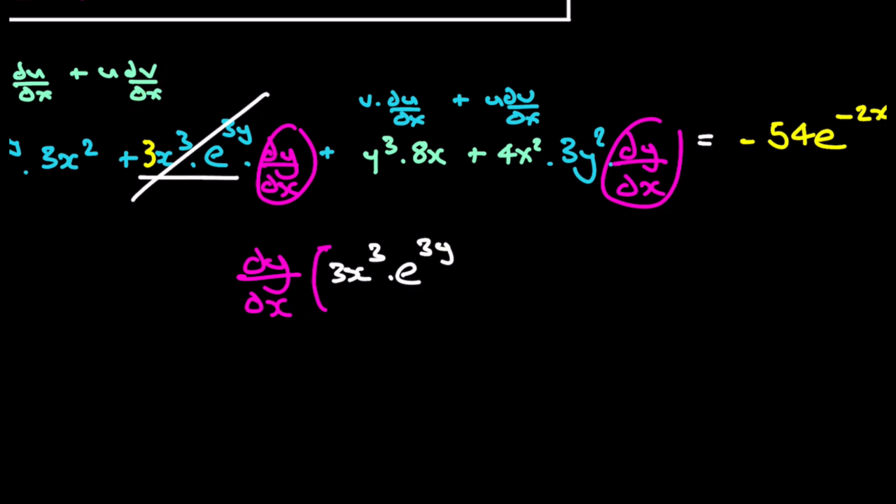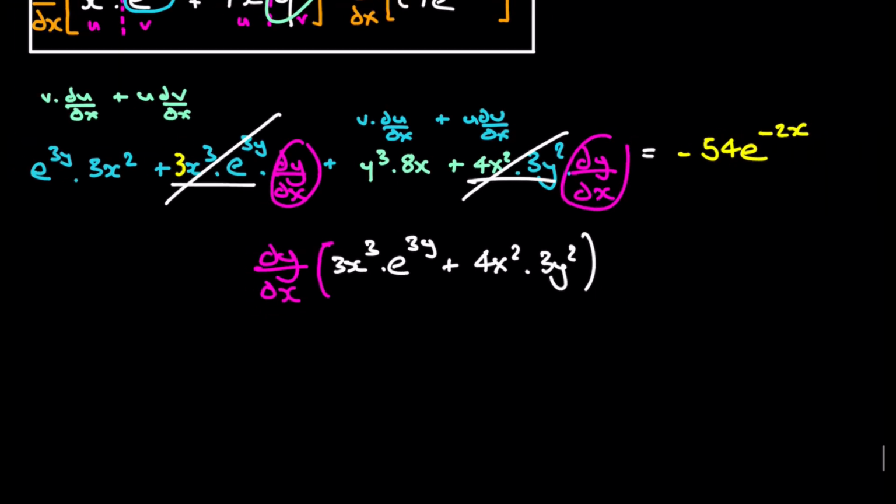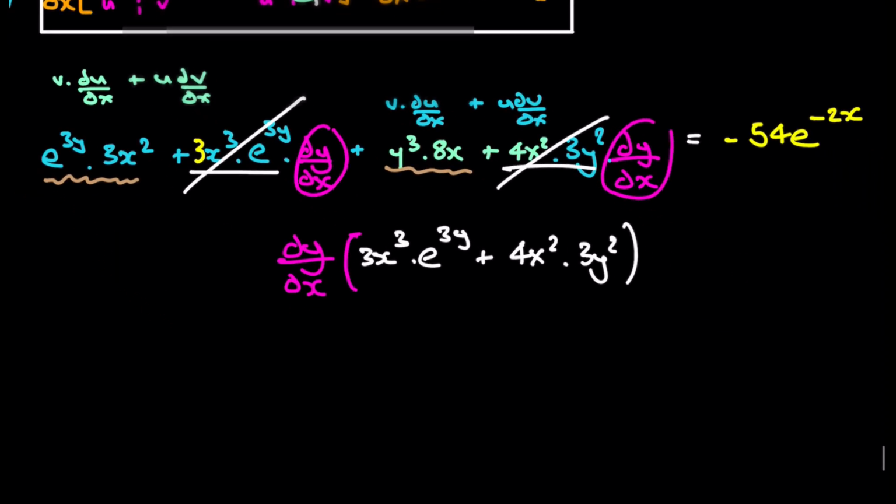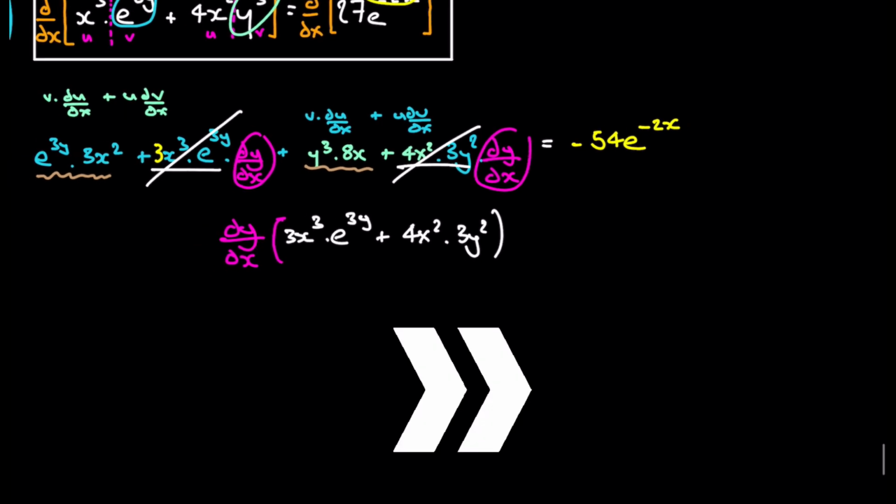And then I now have this expression plus 4x squared, then 3y squared, close brackets, so that's that dealt with. Now, the other expressions that I'll just underline here with a squiggly line need to go to the right-hand side, so I'm going to subtract them both on this side and move them over to the right.